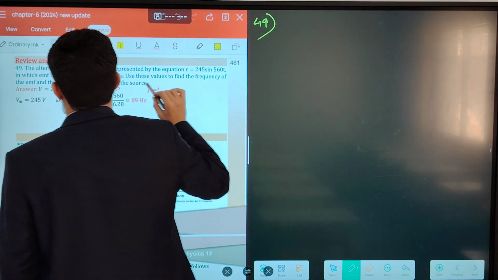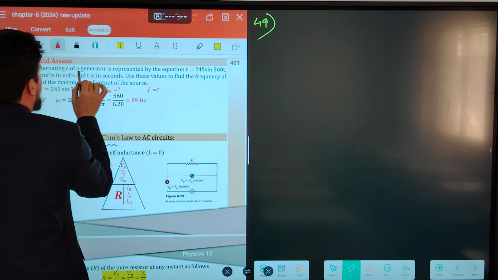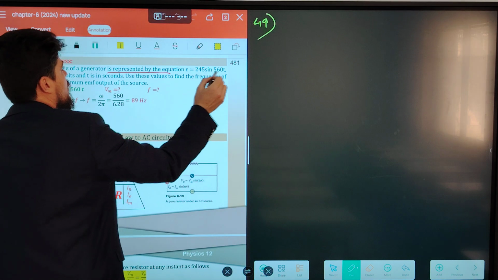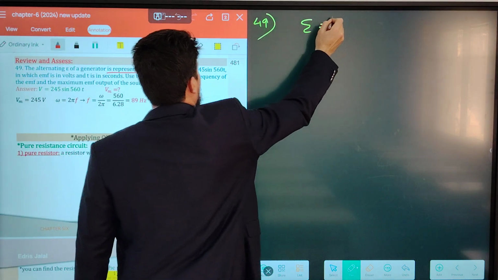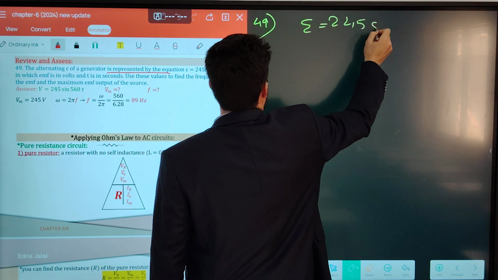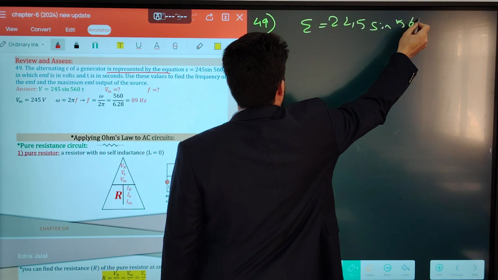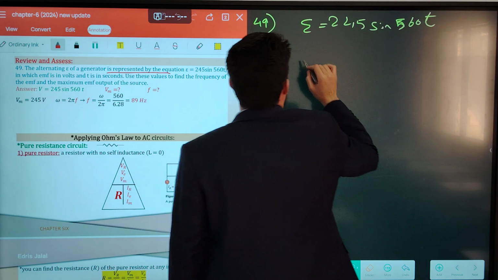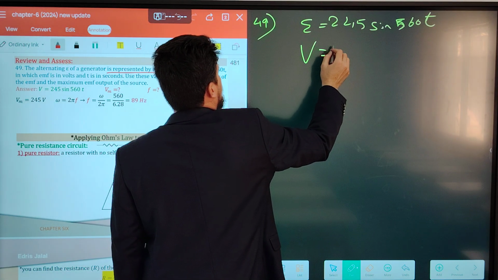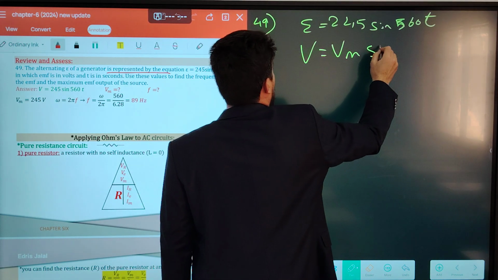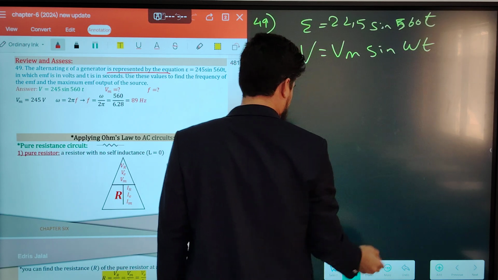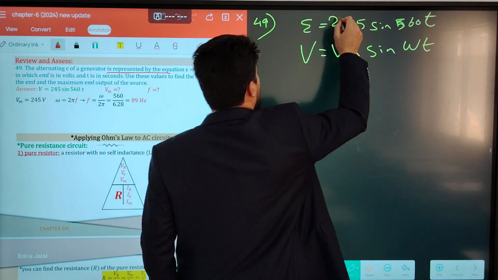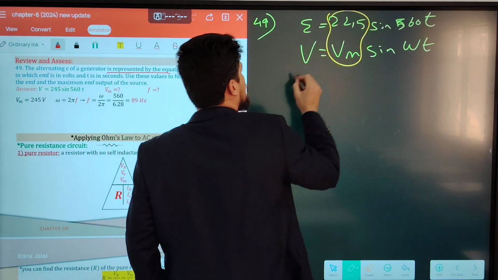The last question in this section, section 3, question 49, very good question, be careful. The alternating EMF generator is represented by the equation 245 sine 560 T. Can we write V is equal to Vm sine omega T? Yes. What is this 245?